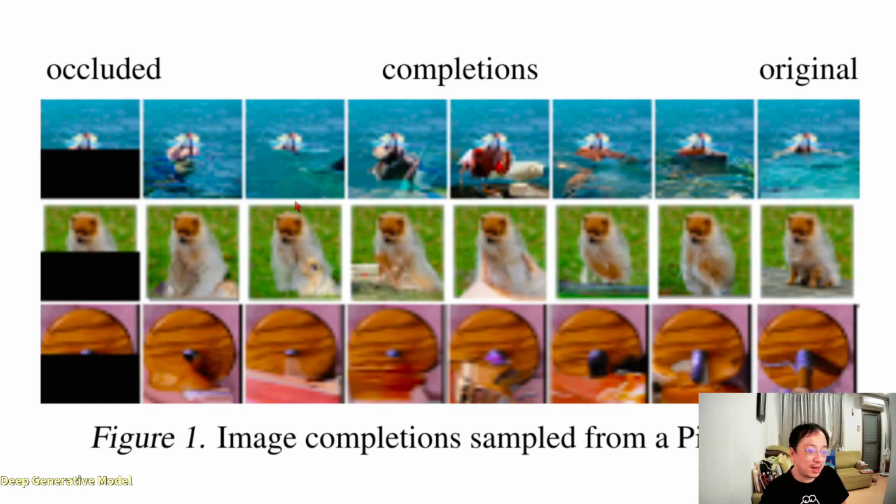These are some examples. We give a few given pixels and use them to complete the rest of the image one by one. So this one is the result.